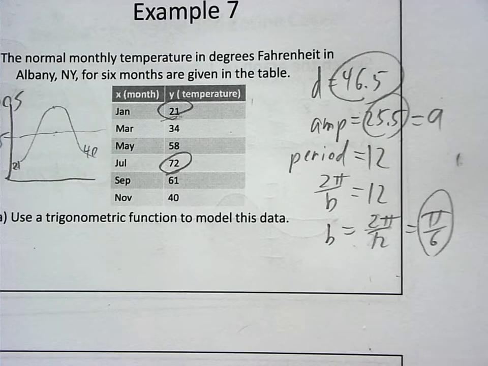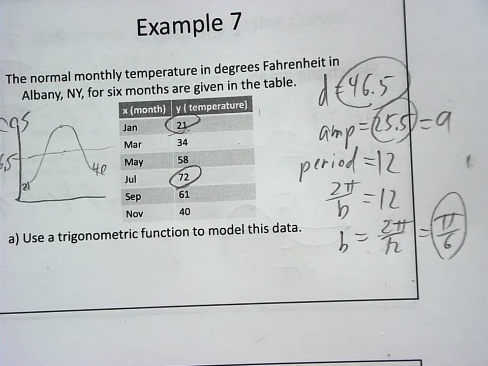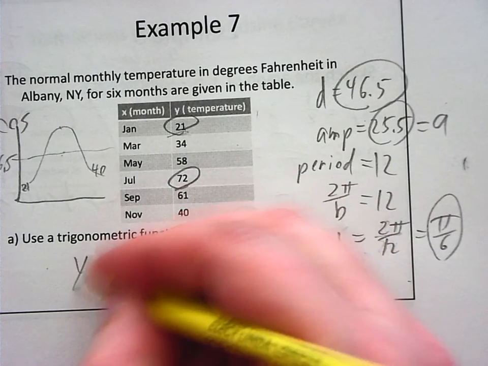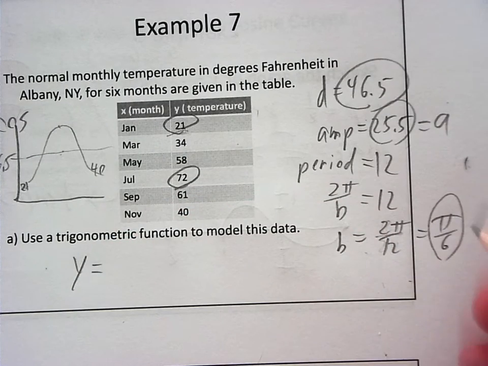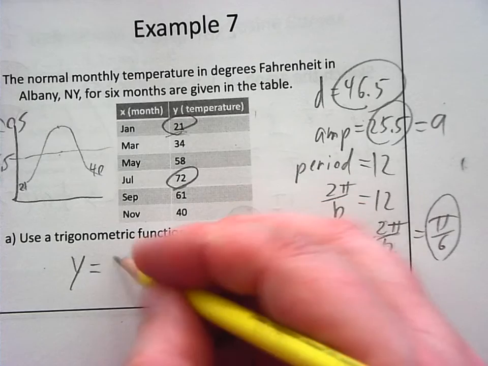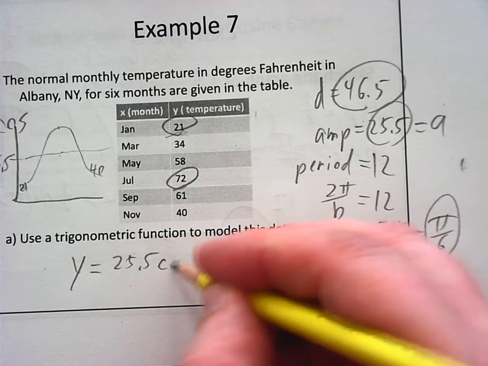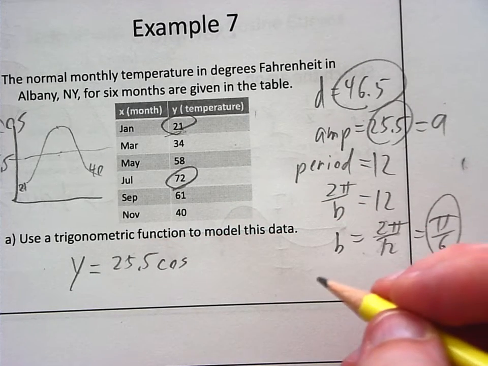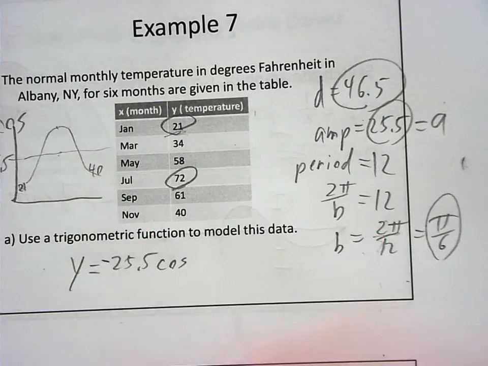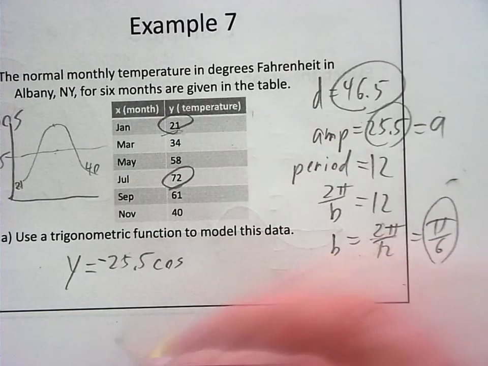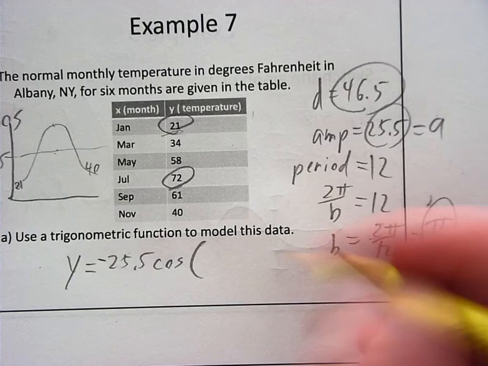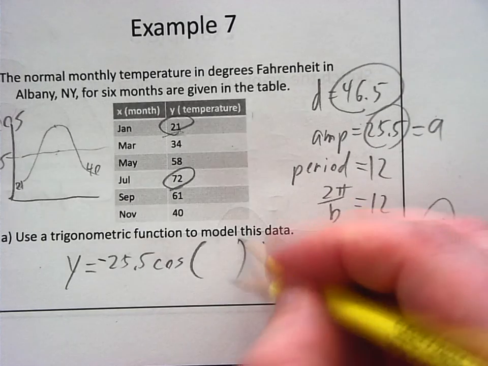This thing isn't going to have a phase shift because I'm starting it at its trough, starting it as low as possible. So I can just write the equation. Y equals negative 25.5 cosine. What's going to be inside the parentheses?